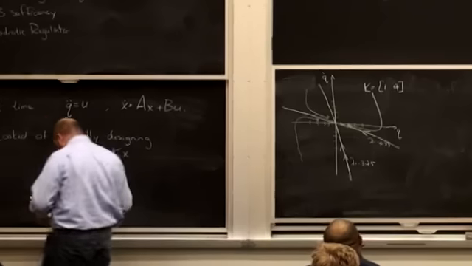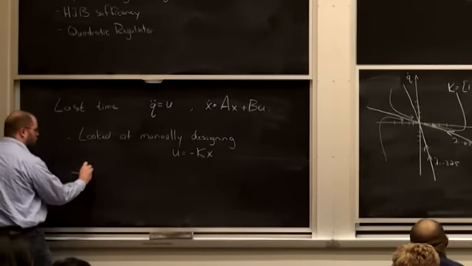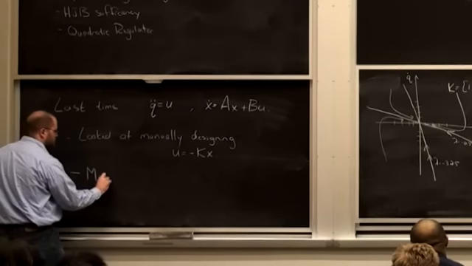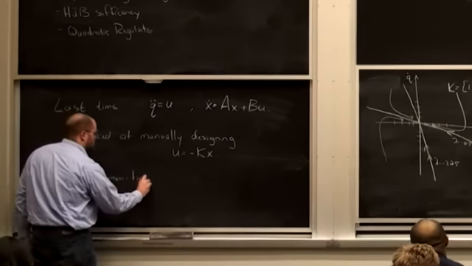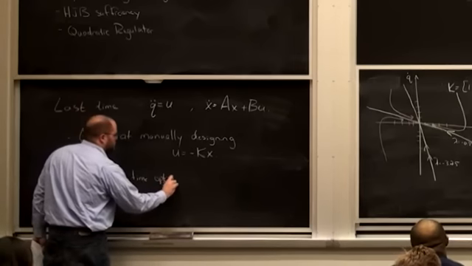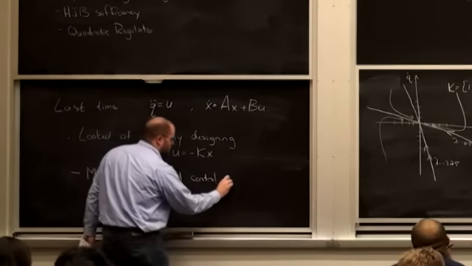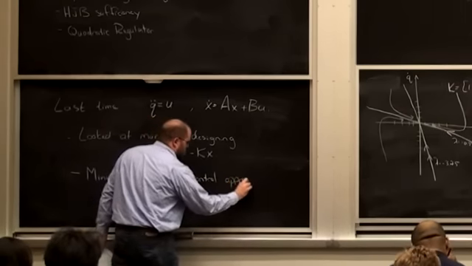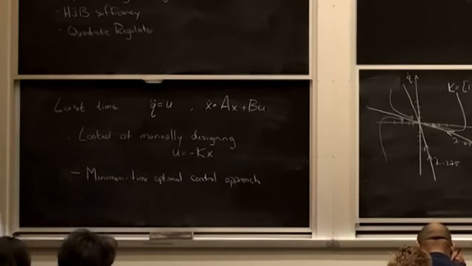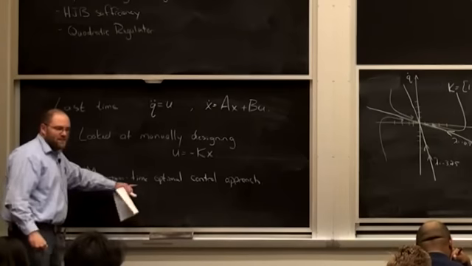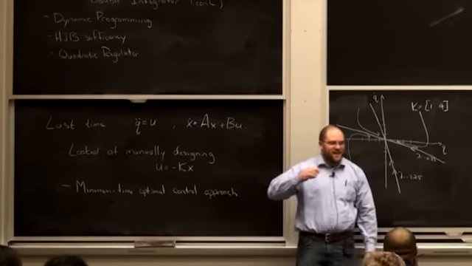And then we looked at an optimal control way of solving the same thing, right? We looked at doing a minimum time optimal control approach. Not specifically so that we could get there faster, even though the minimum time is in the name, because here, remember, we could get there arbitrarily fast by just cranking k as high as we wanted.